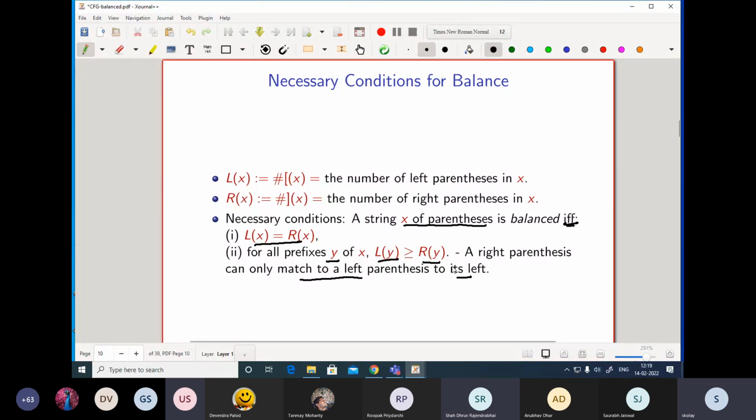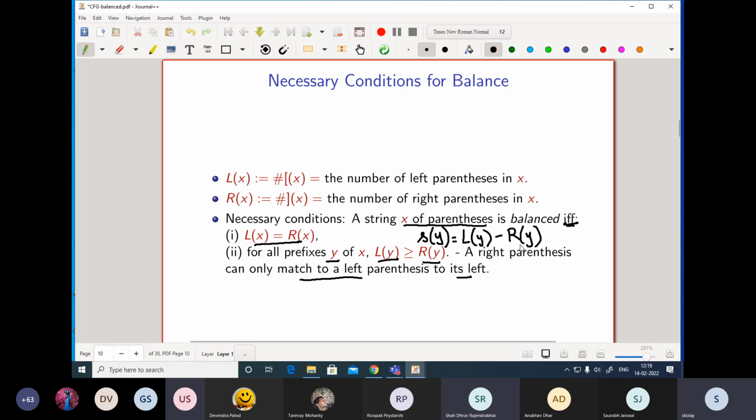If you recall in the last tutorial, you looked at the surplus function. So if I think of S of y to be the surplus in terms of left parentheses and right parentheses, I can define the surplus function to be L of y minus R of y.